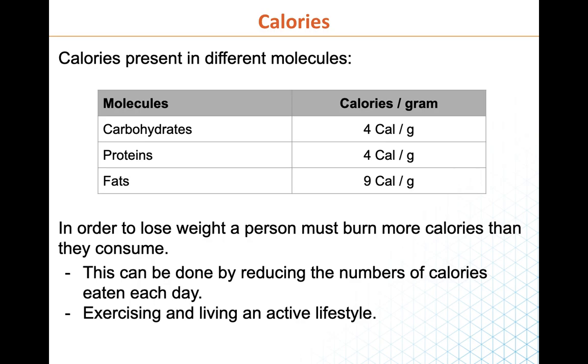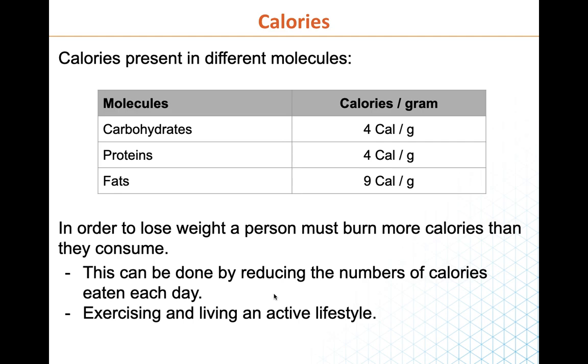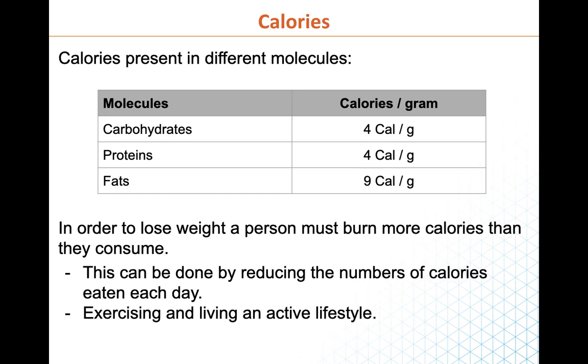This is why even people who are sitting all day, technically, if you keep the amount of food that you're eating low, you don't always end up gaining weight, but that is obviously a very unhealthy way to live. So the way that you can lose weight in a healthy way is you can reduce the number of calories that you eat each day by eating less calories than you are burning, or you can just adopt an active and healthy lifestyle where you're moving and exercising and just living a more active lifestyle.